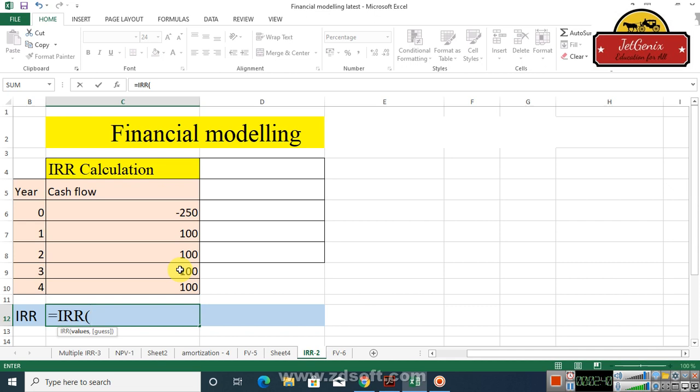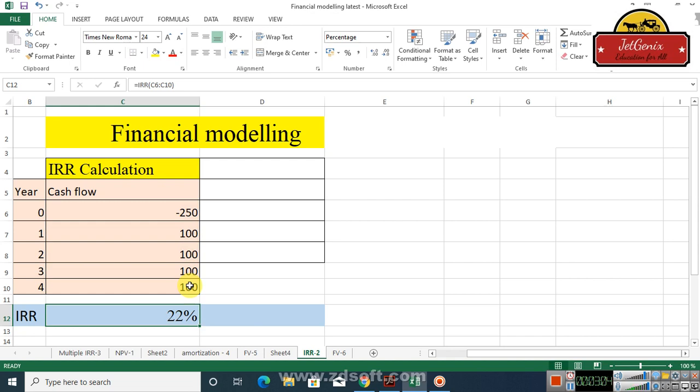I will tell you in more detail about the guess value in my upcoming video. So for now, just type the IRR and select all the values from here, close the parenthesis and just press enter. Now you see we have the IRR value of 22% for this cash flow stream.